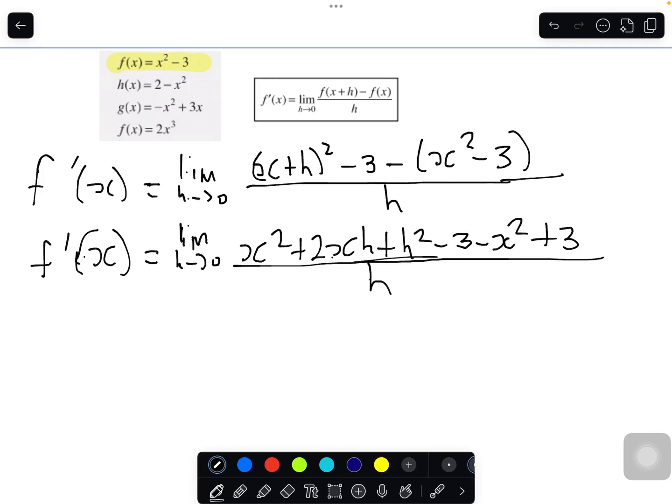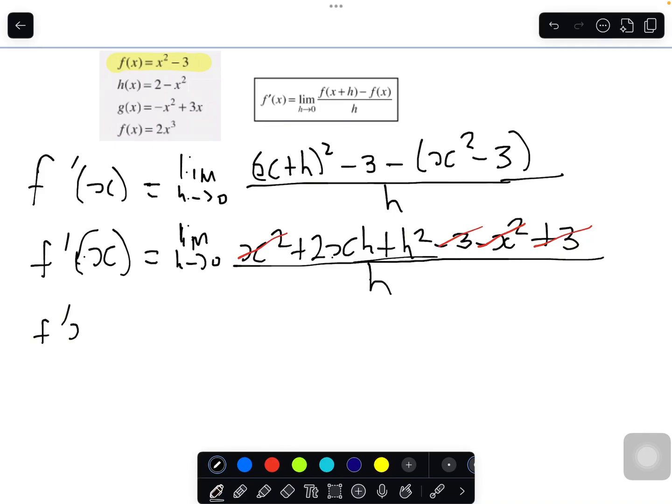We still can't apply our limit because if we applied our limit now it would be undefined. So let's look here, let's see what cancels out. This x squared here cancels out with this negative x squared. This h squared stays, this negative 3 cancels out with this positive 3, and I'm just left with 2xh plus h squared over h.